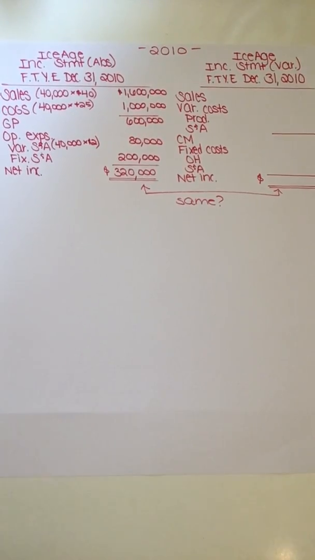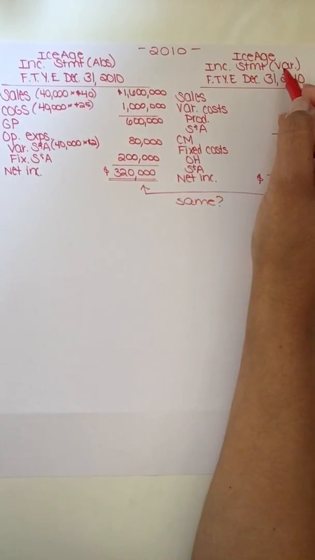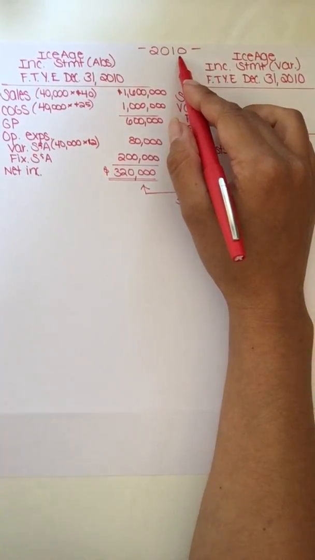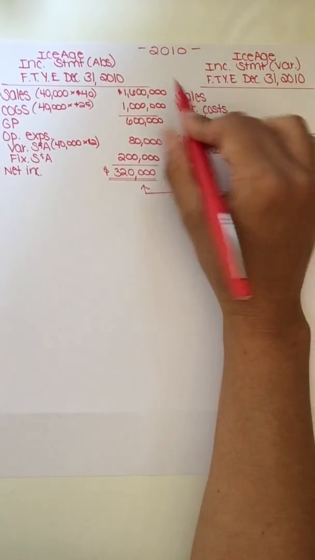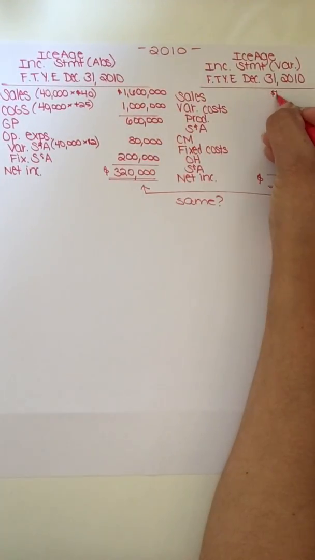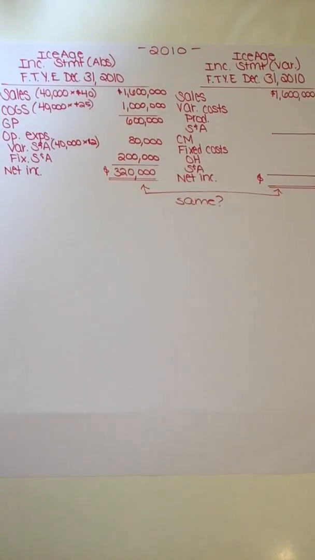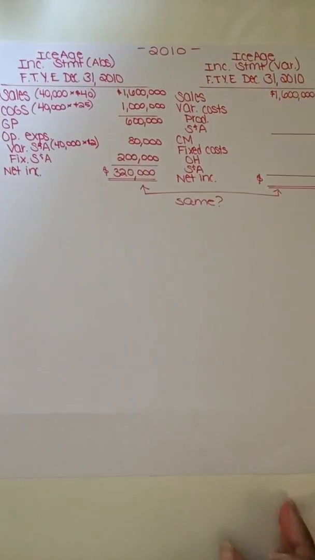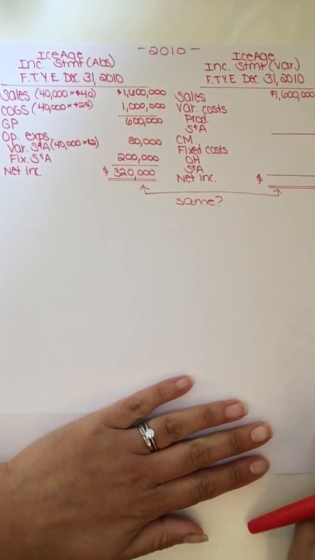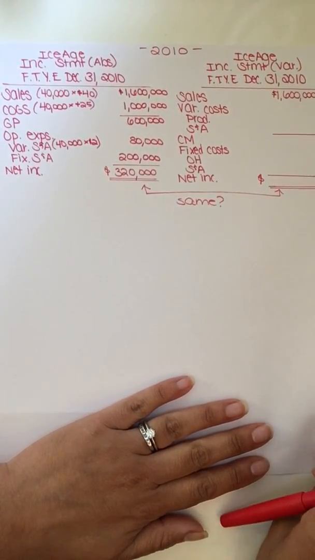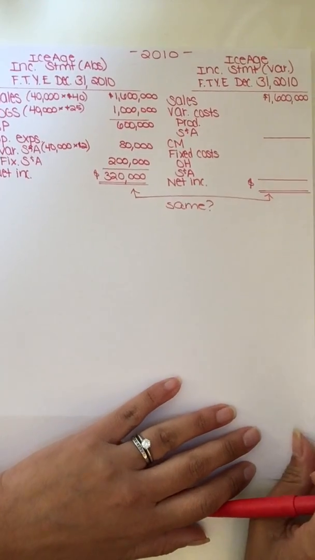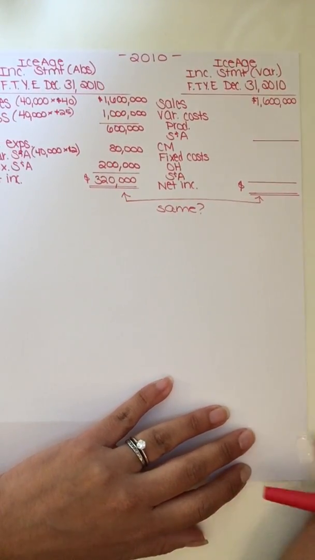Let's move on to the variable costing method for 2010. Have our header set up here. Sales, it's always going to be the same, 1.6. Then our variable costs are separated into product costs and S&A.